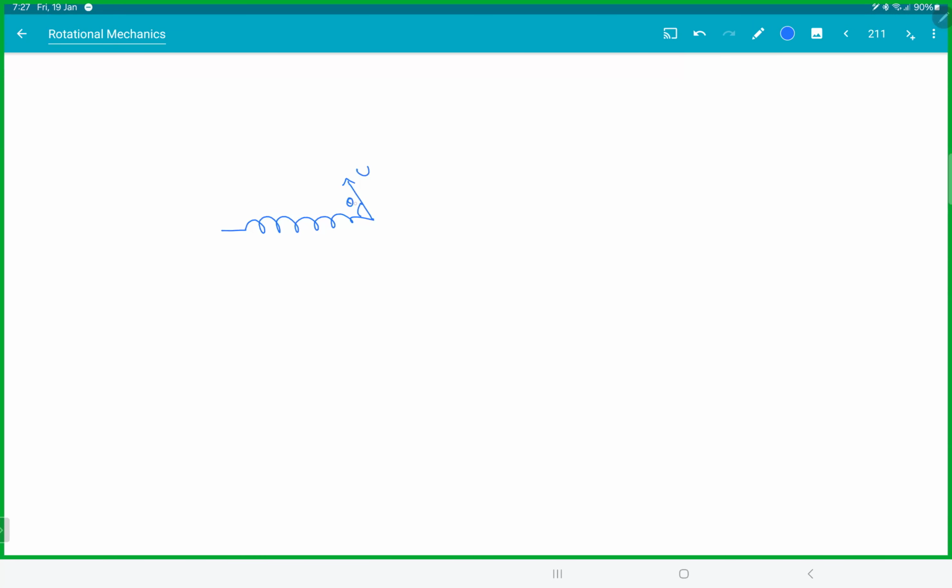This is u, this is theta. Let's call this O, the fixed point, and this is length L. At the maximum elongation, let the length become L plus x, and the velocity is v. Can someone tell me why the velocity should be perpendicular to the spring at maximum elongation?